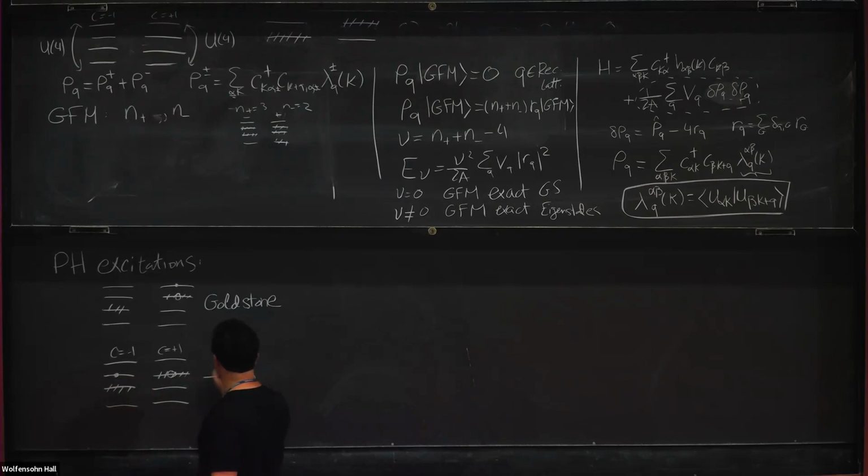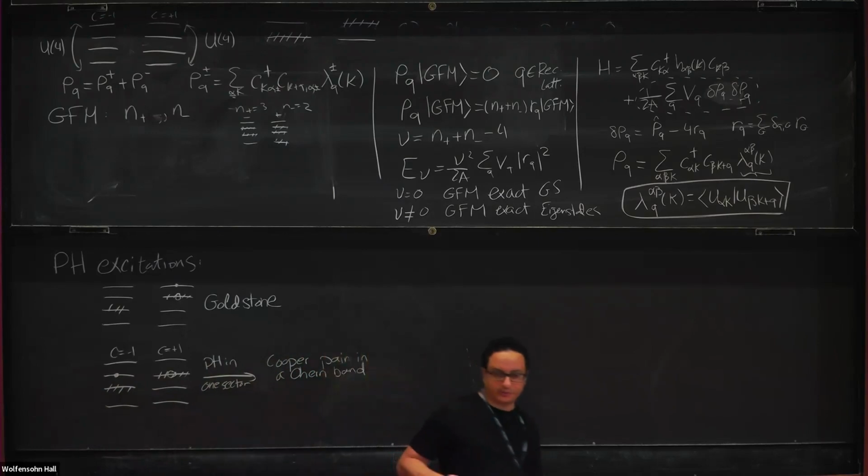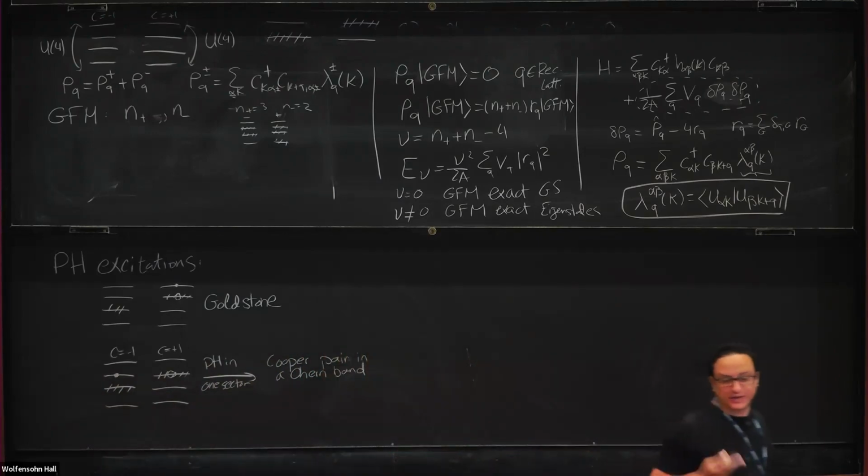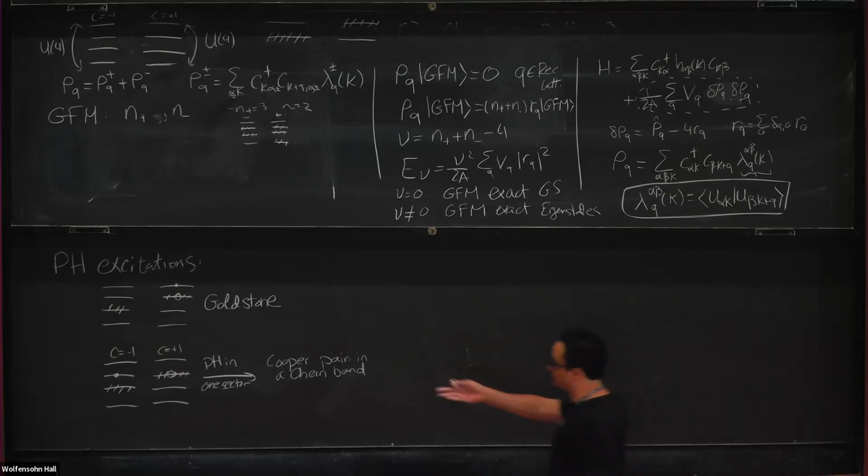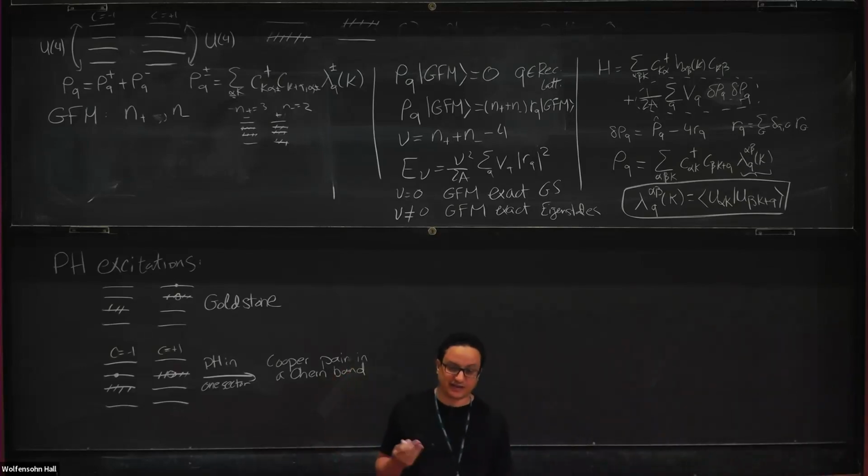So this becomes a Cooper pair. This Cooper pair feels an effective net magnetic field, which means that if I want to solve the Hamiltonian, I have to solve some effective Landau level problem.